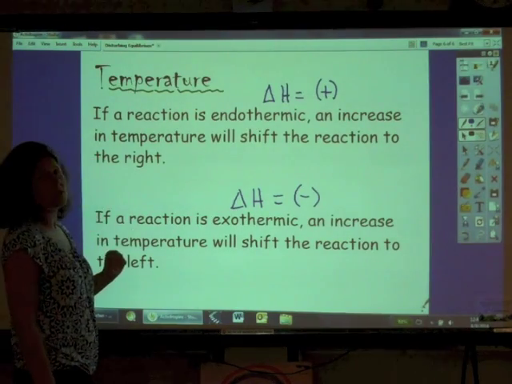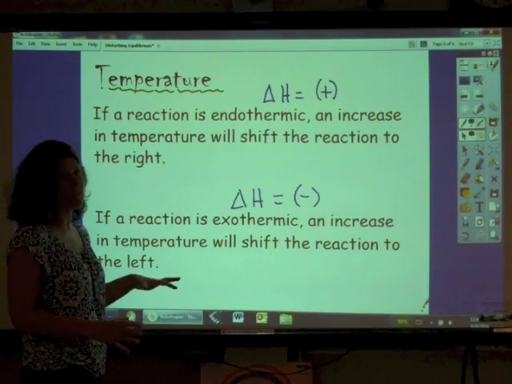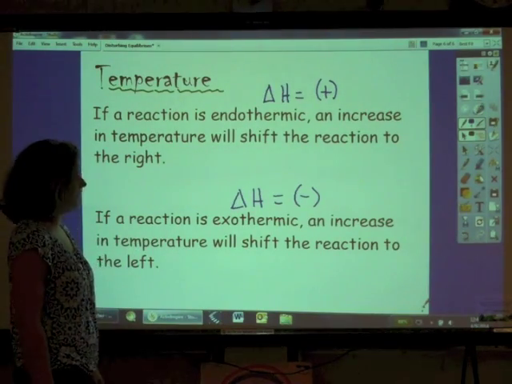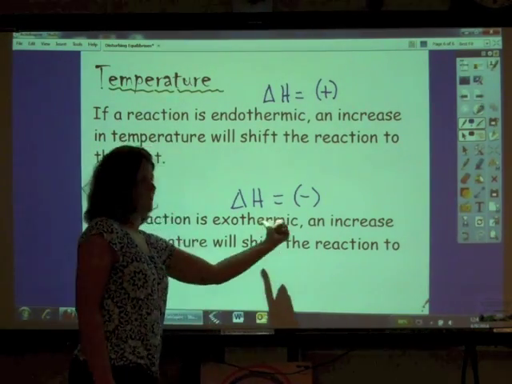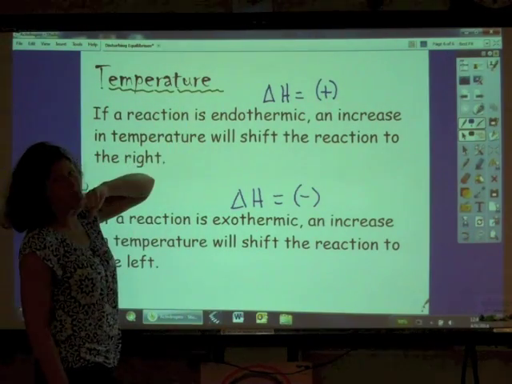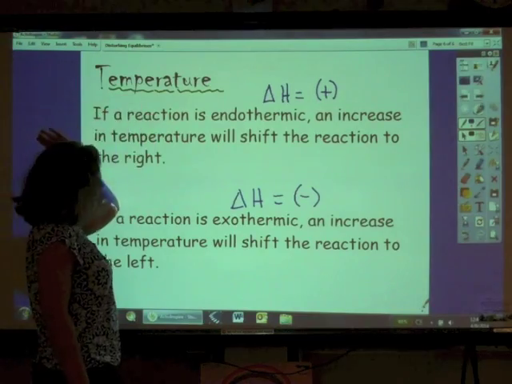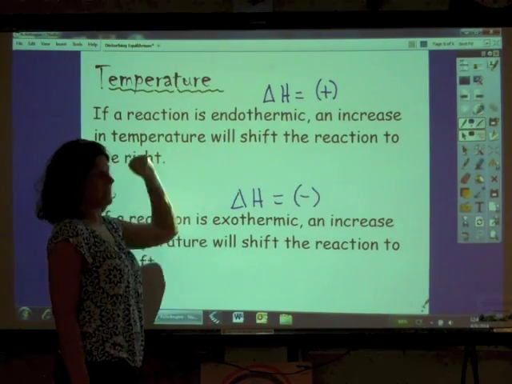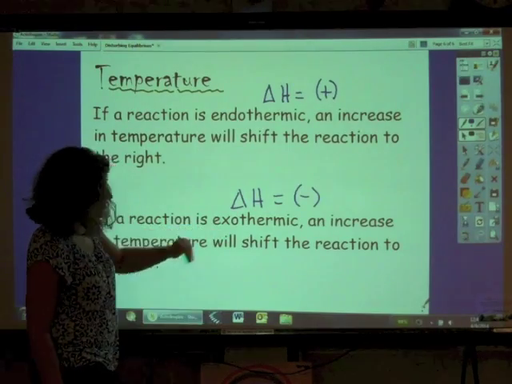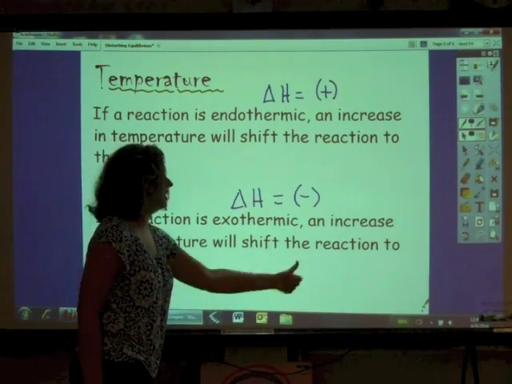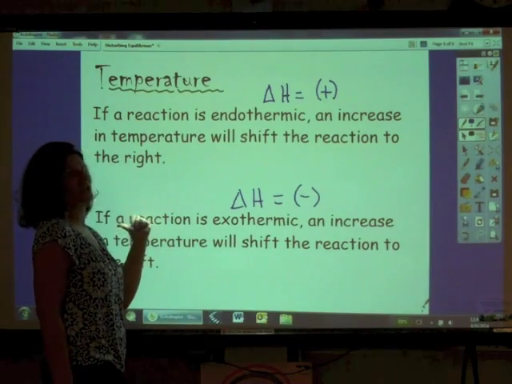And if you're increasing the temperature, it's going to respond by going in the cooling direction. What is the cooling direction? The cooling direction is going to be the reverse reaction. So for an endothermic reaction, the forward reaction is endothermic and the reverse reaction is exothermic. For an exothermic reaction, the forward reaction is exothermic and the reverse reaction is endothermic.